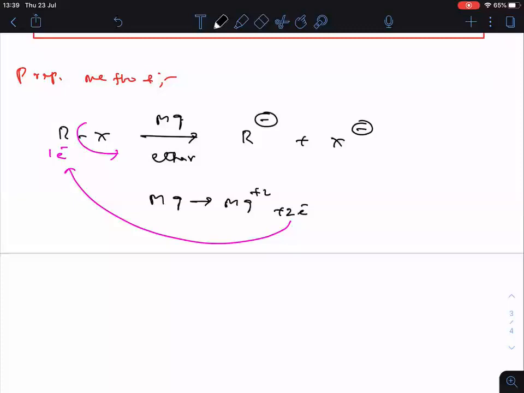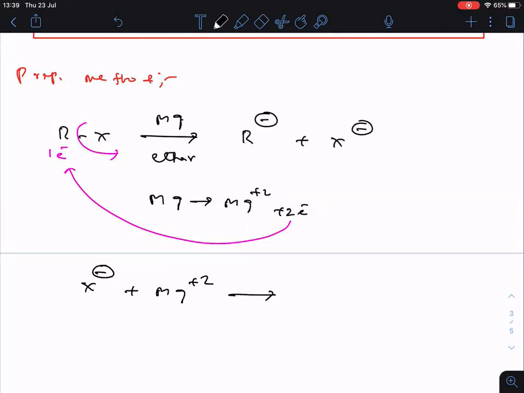Completed? Now, what happened here? The X minus which is formed, the halide ion, will combine with Mg plus 2. Clear?